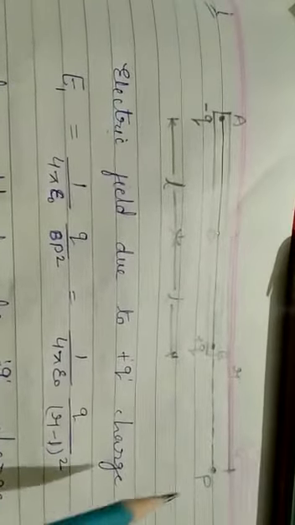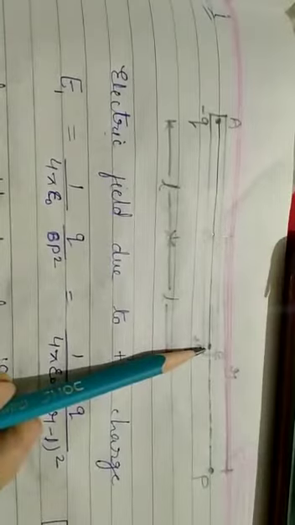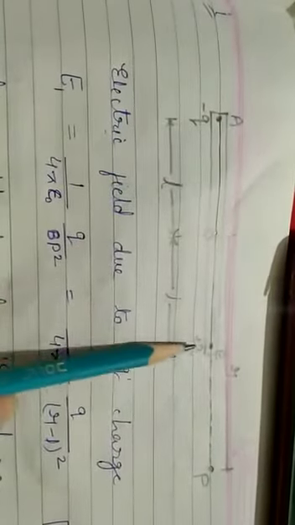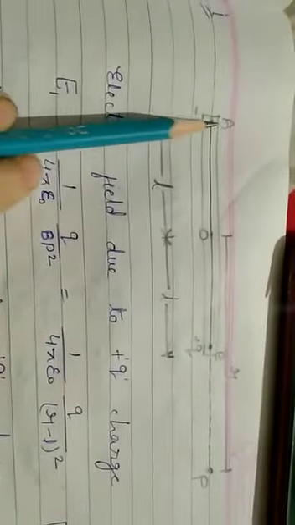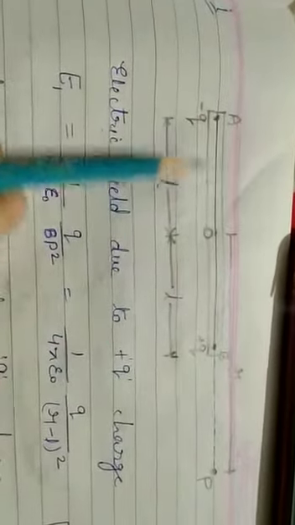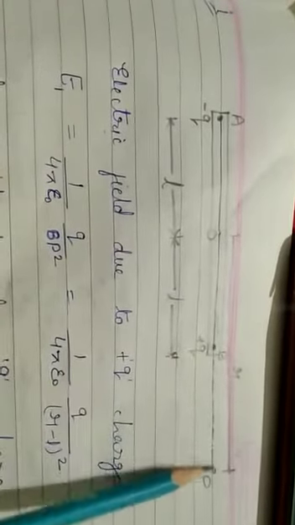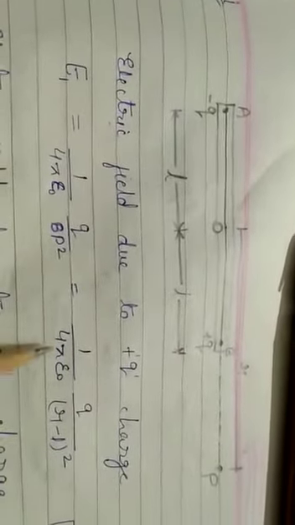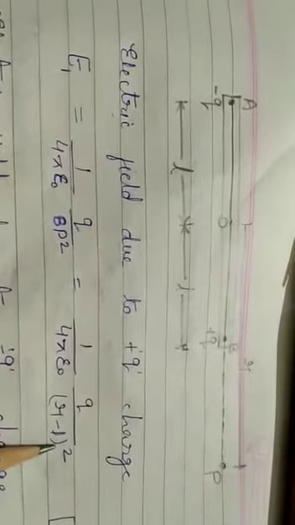Here the distance BP is from this charge particle, not from the dipole. First we will calculate for this charge particle, and then for the whole dipole. So because of this plus q, the distance will be BP, so E1 equals 1 upon 4 pi epsilon naught, q upon (r minus L) square.